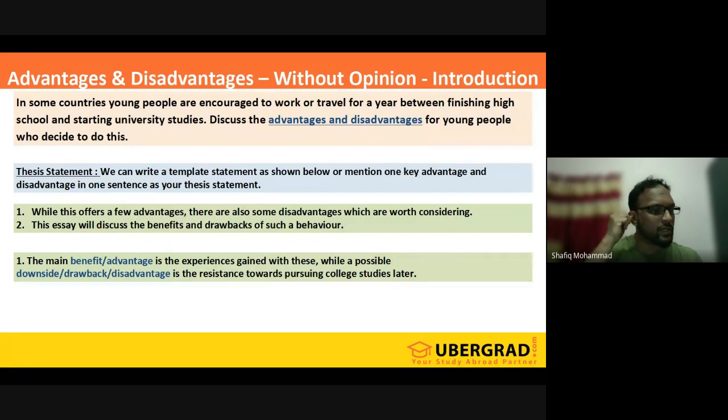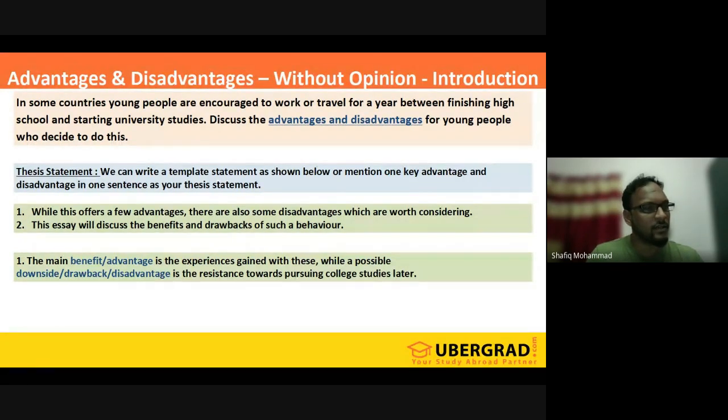That will make more sense. Then in the following essay, I would like to share some advantages like valuable experiences they gain. It's not gained, they gain, because in general you're writing, right? The valuable experience they gain. So you can take off the ed and span of year. And some disadvantages are losing their interest in further studies. Okay, so those are the corrections for Nikunj.